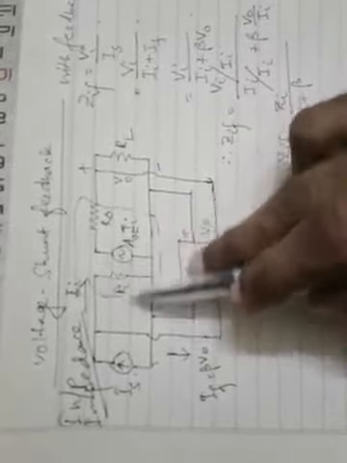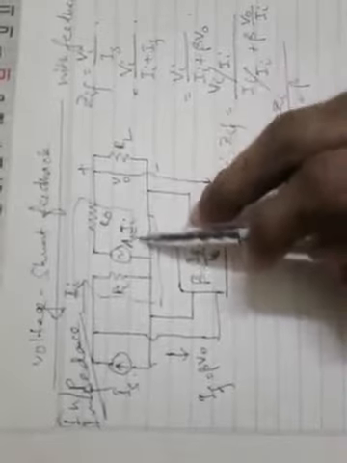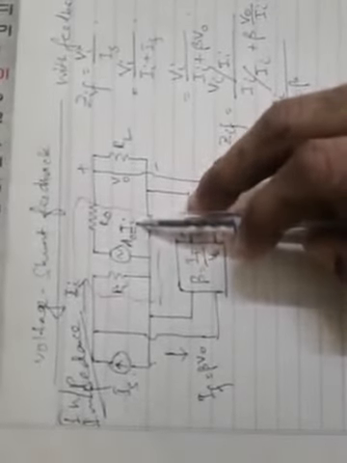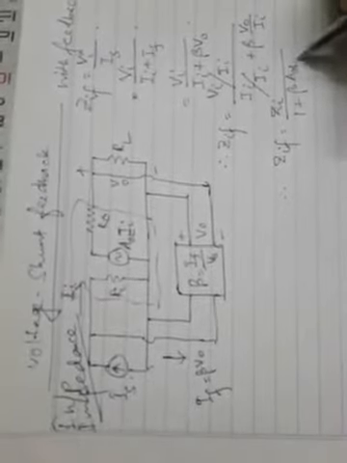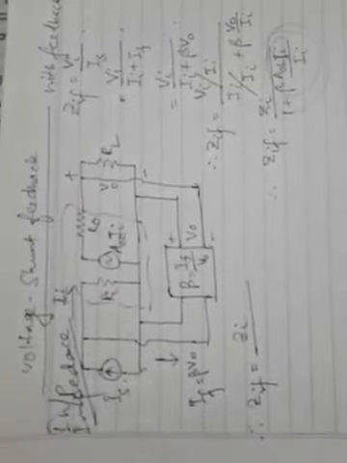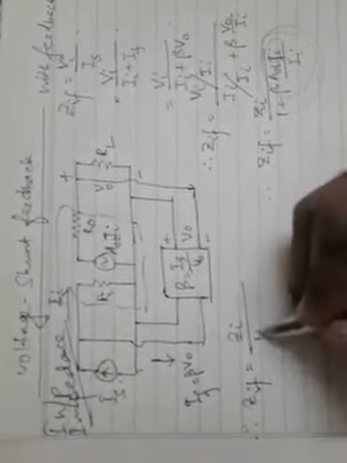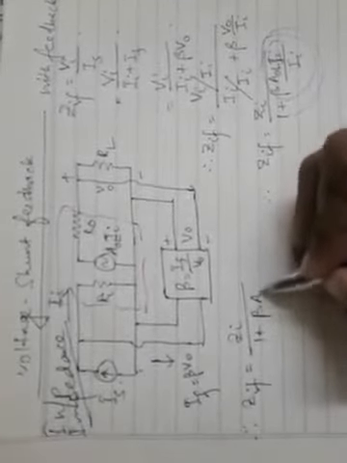That means if we consider this portion, this Vo is equal to AOL into Ii. So we can put Vo equal to AOL Ii in this case, AOL Ii by Ii, and Ii will cancel out. So therefore ZIF is equal to Zi divided by, this portion being only for the internal amplifier, 1 plus beta AOL.